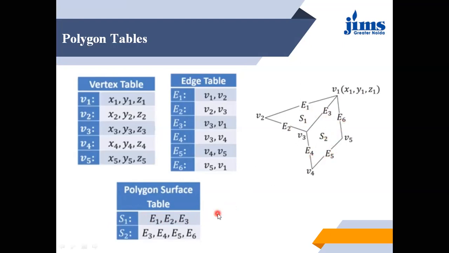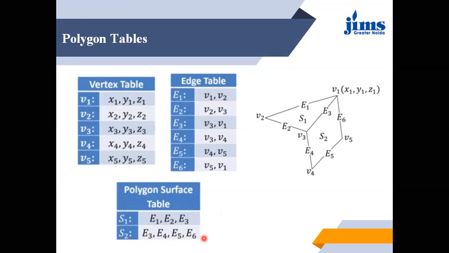So you can see over here that surface S2 is made by the joining of the edges E3, E4, E5 and E6. So this is the representation of a polygon in the form of tables.